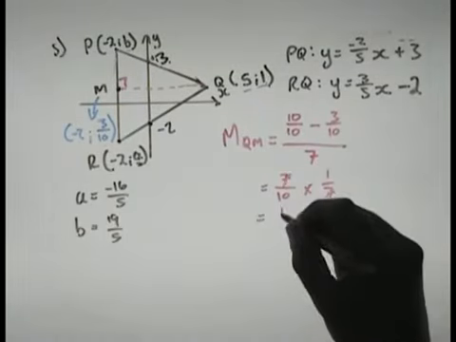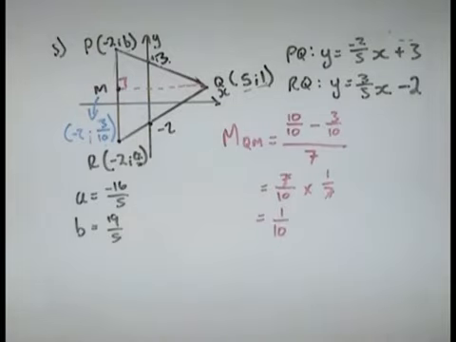That gives us a gradient of 1 over 10. That means that the gradient of QM is equal to 1 over 10.